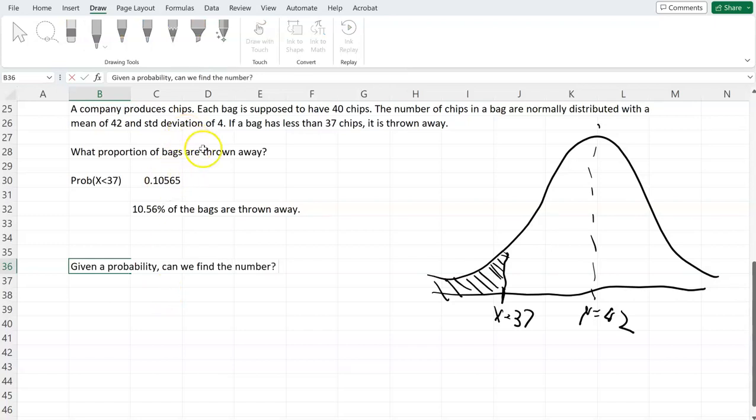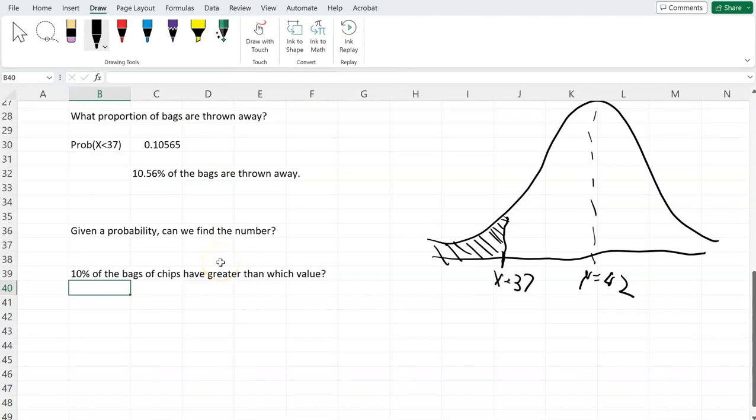So let's look at this example, which says, okay, 10% of the bags of chips have greater than which value? In that case, we don't know this number, but we know that the probability here is 10%.